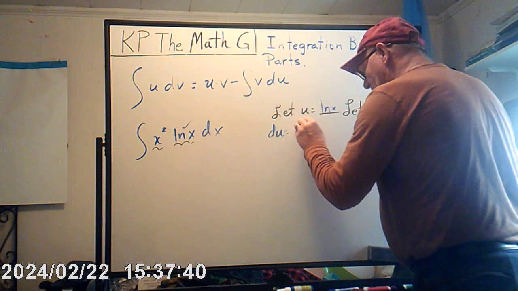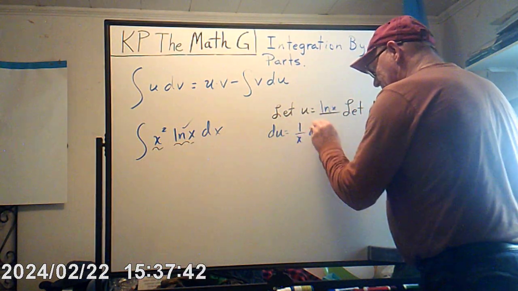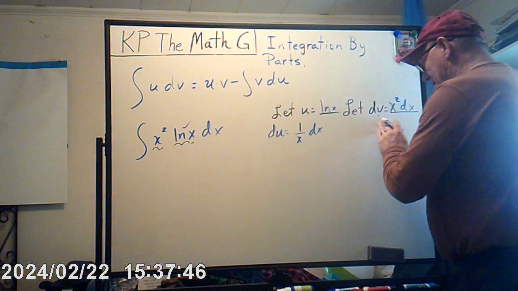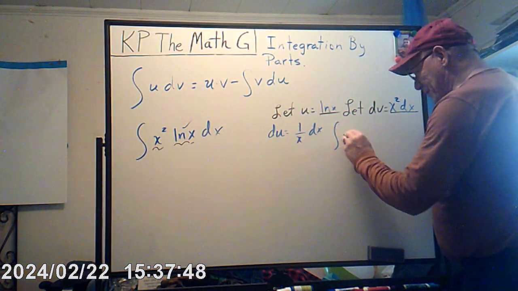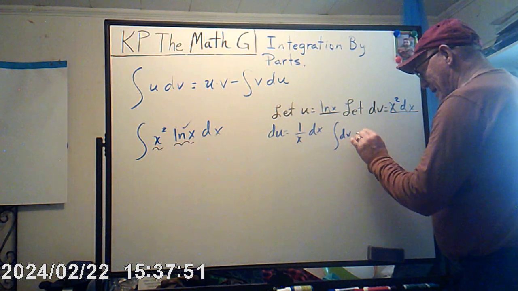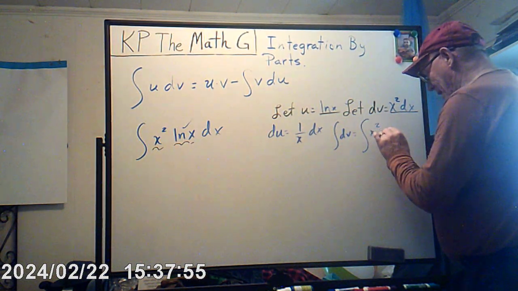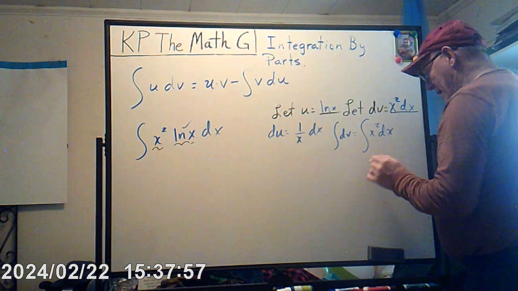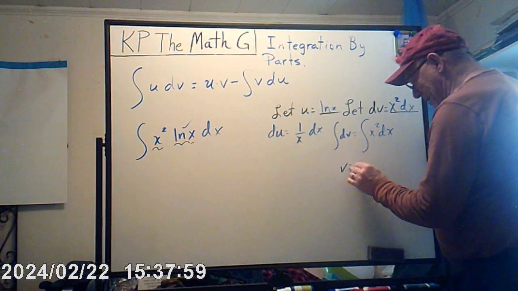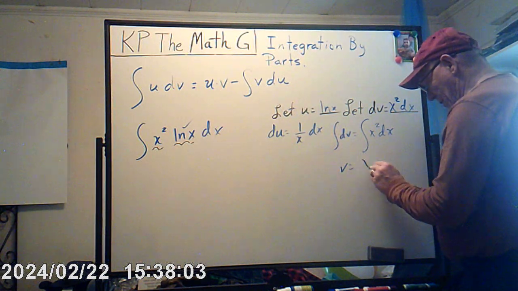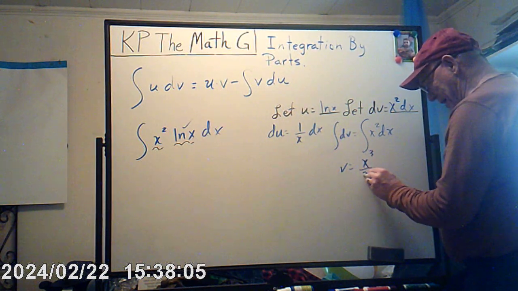So du is 1 over x dx. For dv, if I take this side and integrate, then I know that v is equal to x cubed over 3.